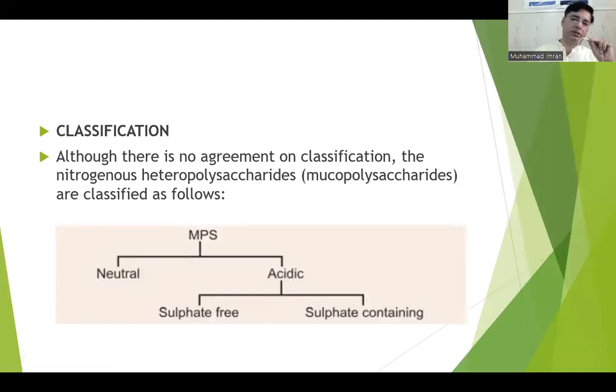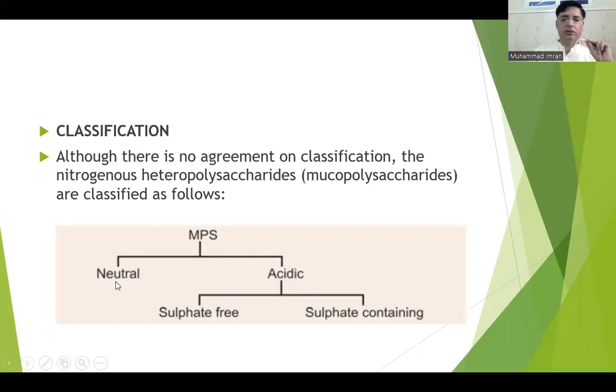Classification: although there is no agreement on the classification of heteropolysaccharides, they are classified into two categories. One is neutral, the other is acidic. Acidic are classified into sulfate-free and sulfated.